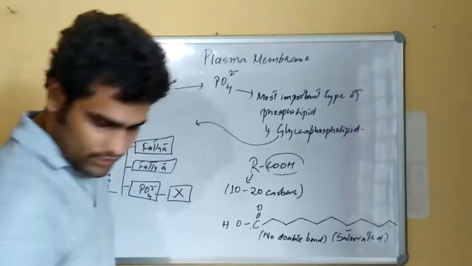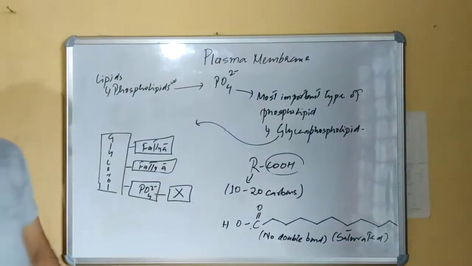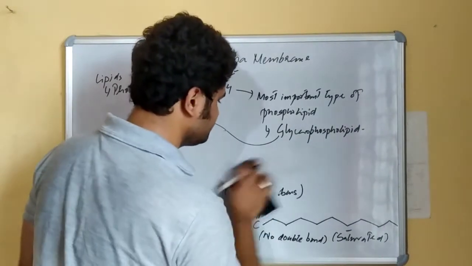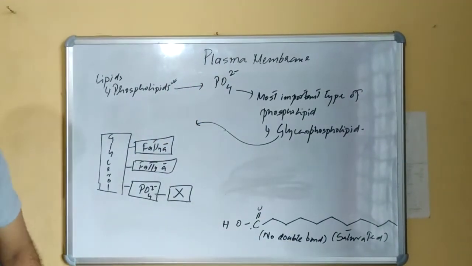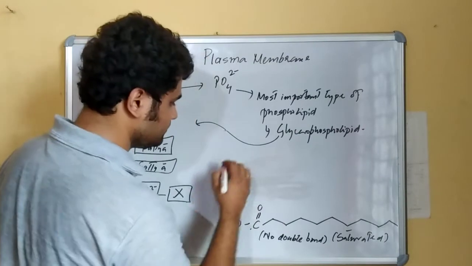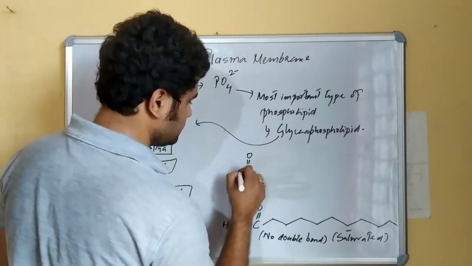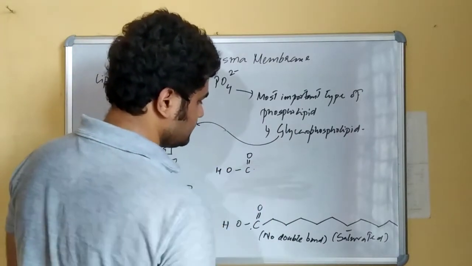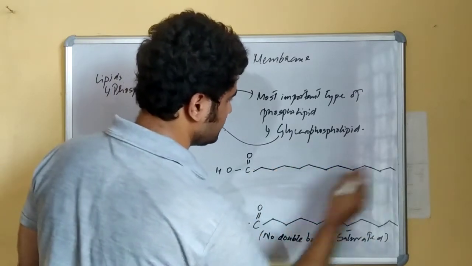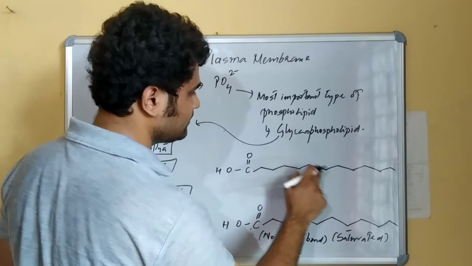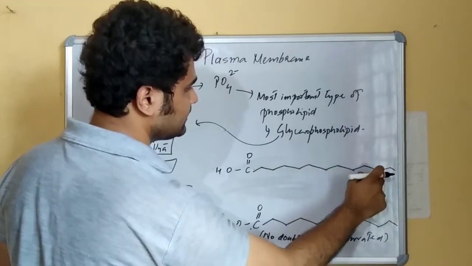Now, if I draw a fatty acid this way, with OH, and from here I'm drawing the hydrocarbon chain, how many carbons are there? 1, 2, 3, 4, 5, 6, 7, 8, 9, 10, 11, 12.